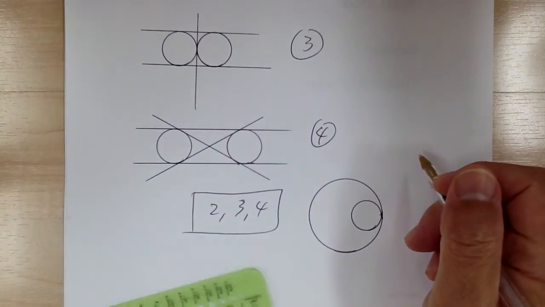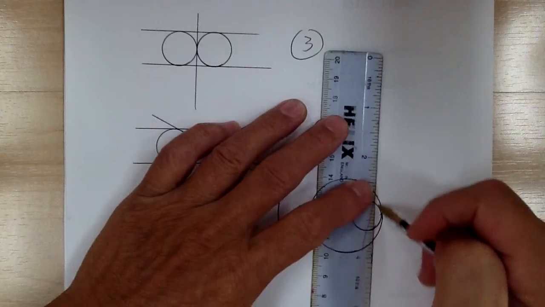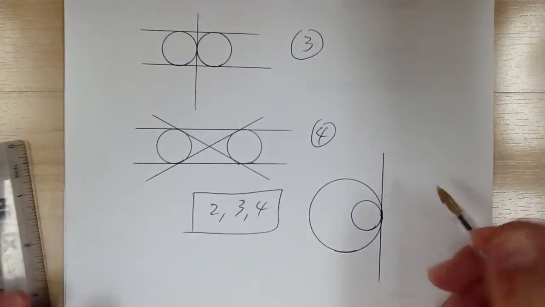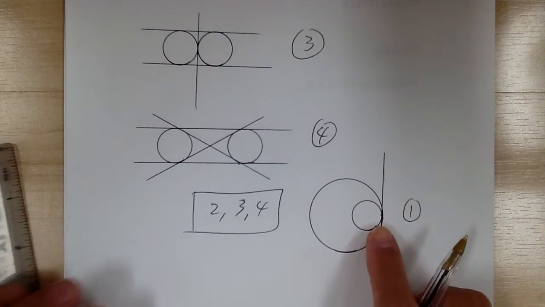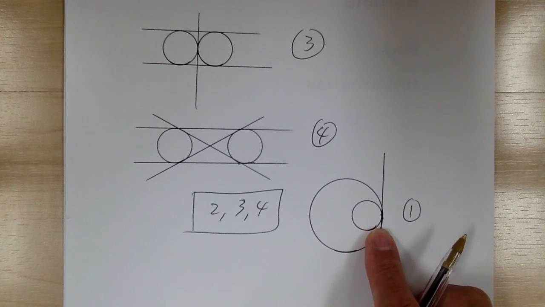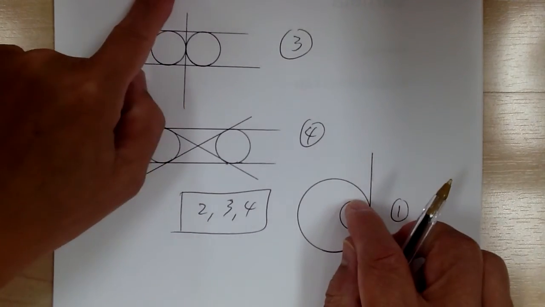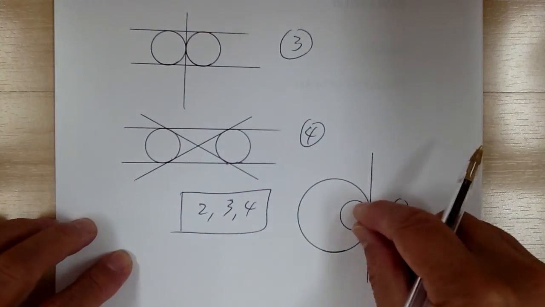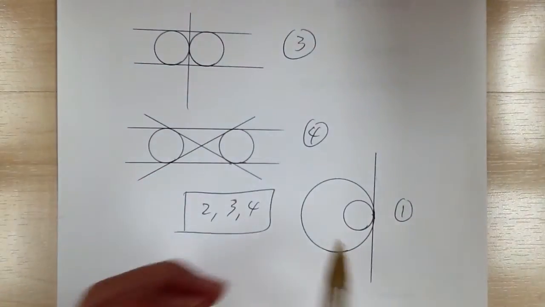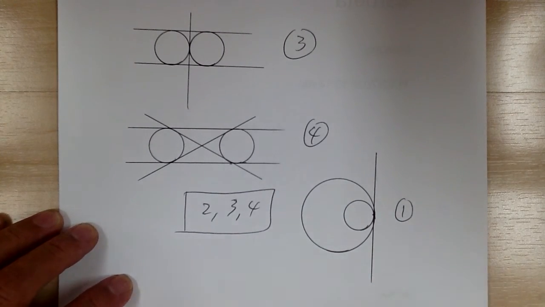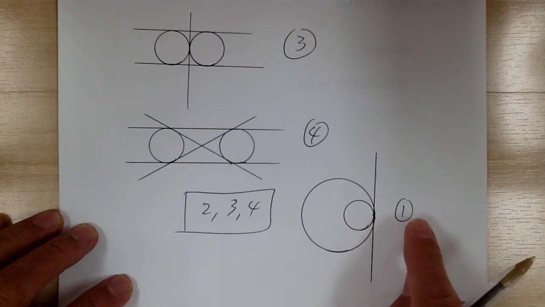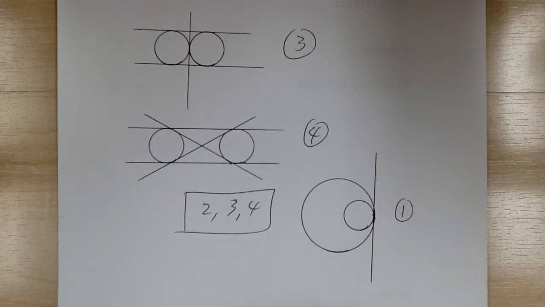In this case, you're going to have 1. So if your two circles are not the same size, in that case you're going to get one common tangent. But for the problem that we have, both circles are congruent, so you cannot have one like this. They would coincide with each other. So that is disallowed by the problem itself. But just be aware, if the circles are different sizes, you have another possibility.